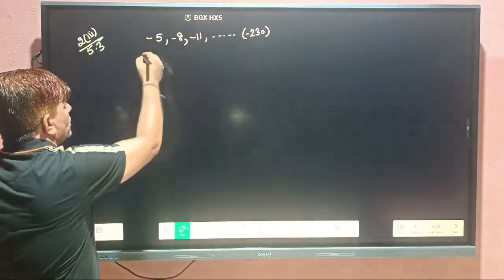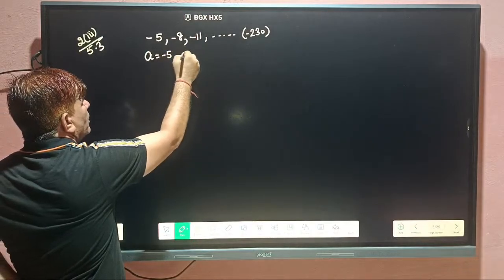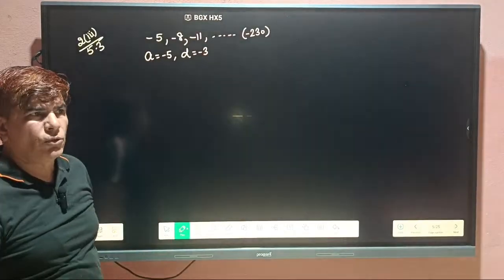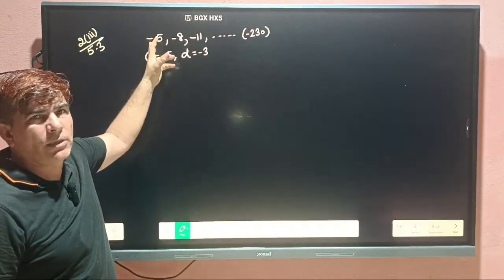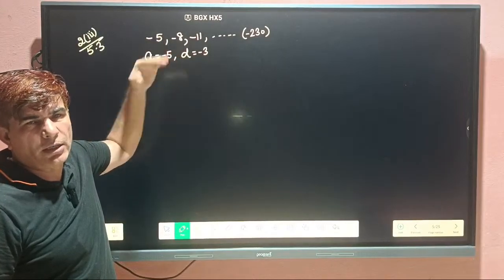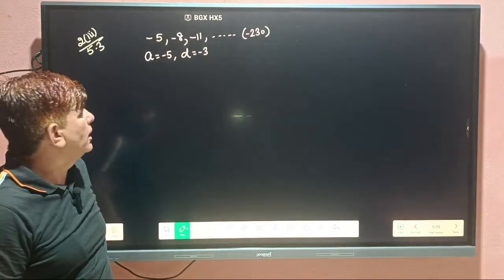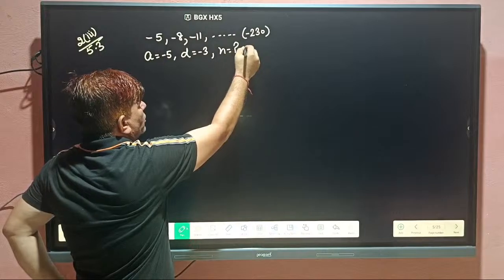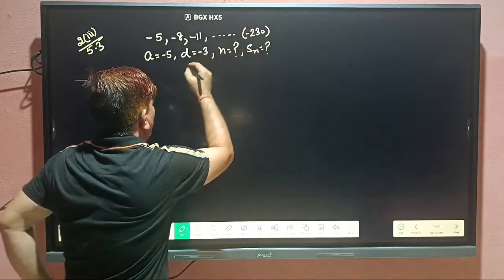So again the same procedure. a equal to minus 5, d equal to minus 3. I think you know how to find d: minus 8 minus of minus 5, plus 5. So minus 3 is left. What's your n? We don't know. What's your S_n? We don't know. What's your a_n?